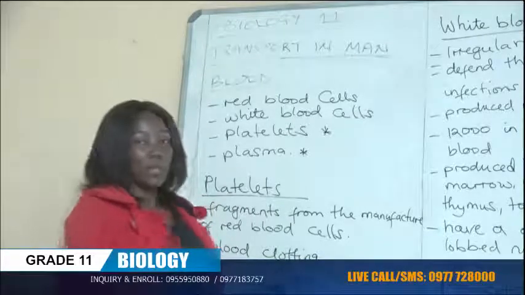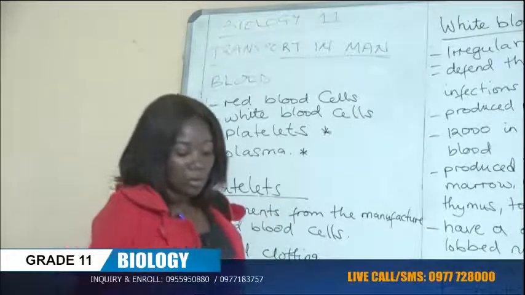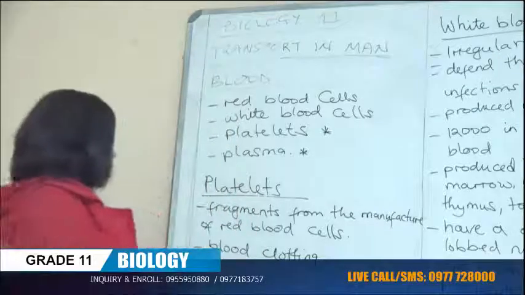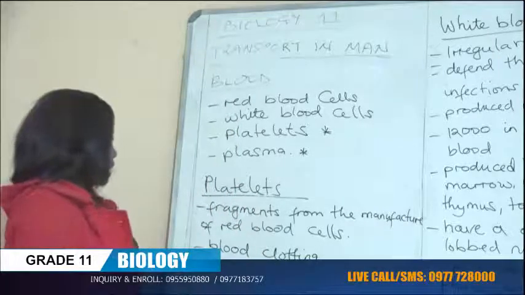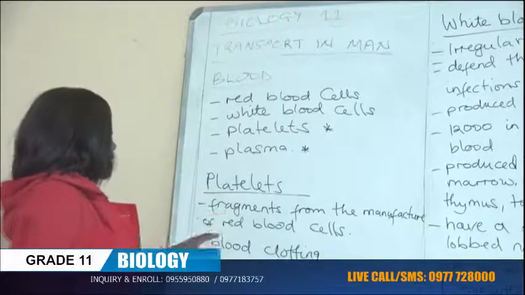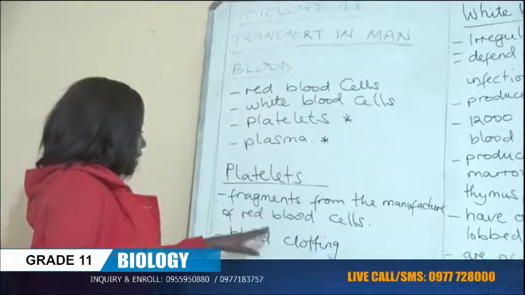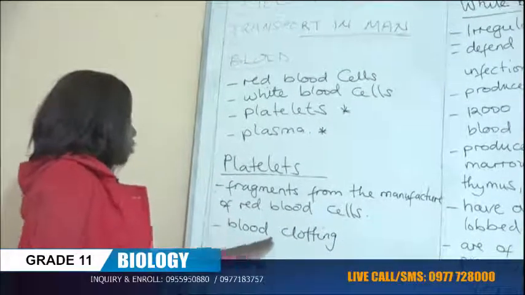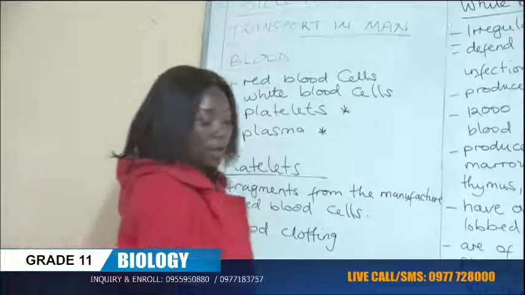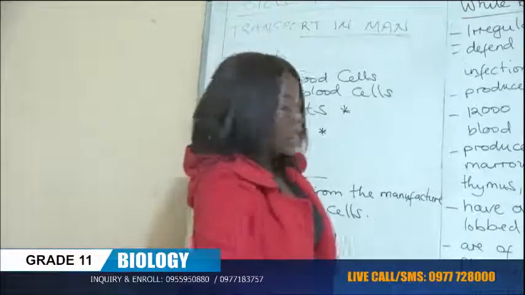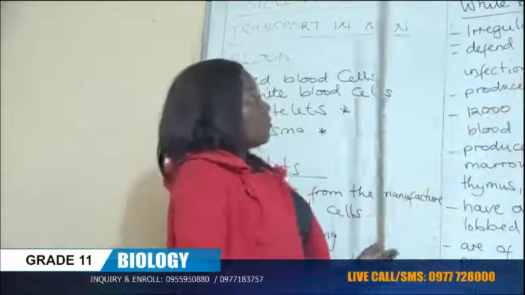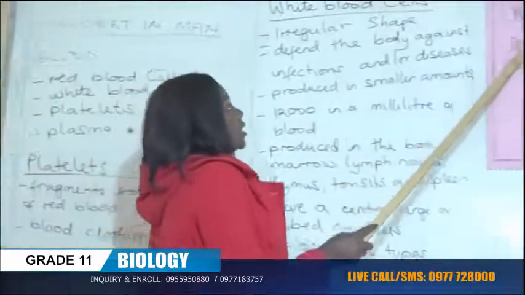When we stop bleeding, we are clotting. So what is blood clotting? There is a mechanism of blood clotting. What happens during blood clotting? And I've said that platelets are the cells in the blood which do the process of blood clotting. So I've illustrated the mechanism of blood clotting on this chart.